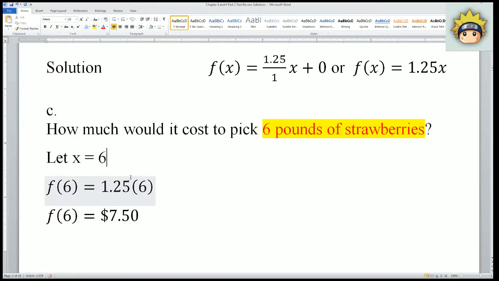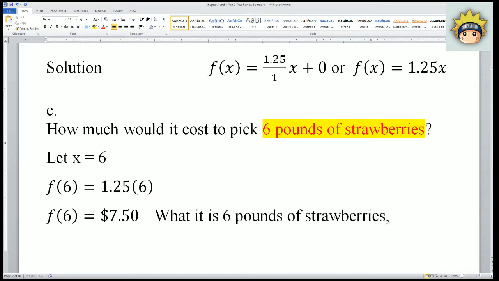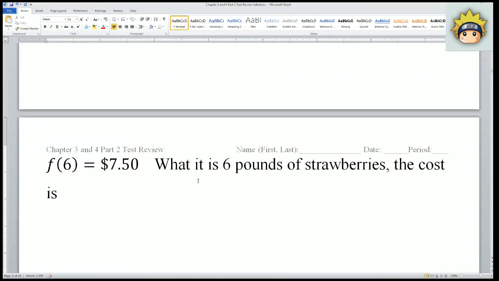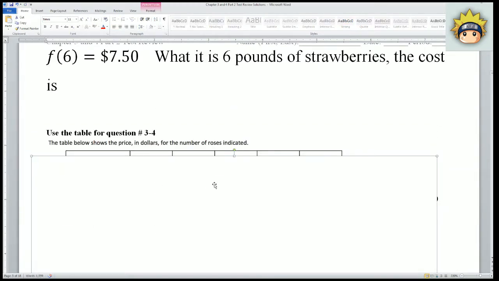Plug that into the equation. f of 6 equals $7.50. What this means is that when it is 6 pounds of strawberries, the cost is $7.50. Fairly straightforward. All right. Good.